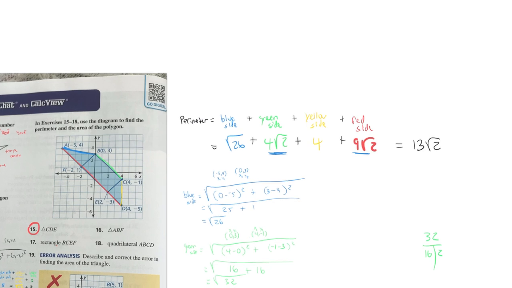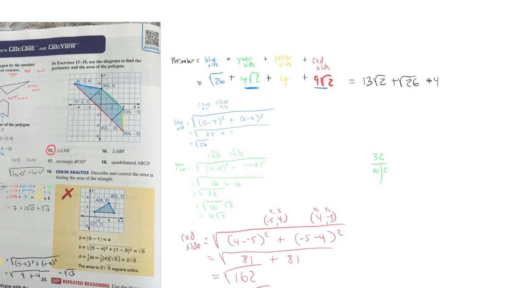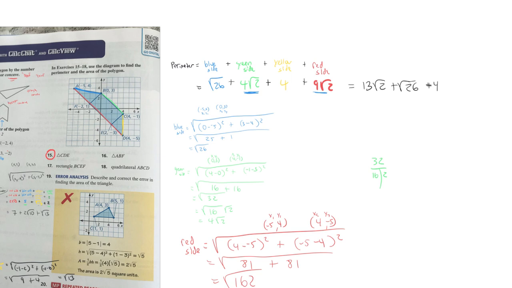It's still going to be plus that radical 26, which is right here. And it's going to be plus 4. Now, unfortunately, there's really nothing else we can do with that. That's a plus symbol. There's really nothing else we can do because this radical 26, we're kind of stuck with that. That cannot be simplified any further. So that's the perimeter there. For the record, there's always a chance I'm making careless mistakes. I mean, obviously, I don't think so, but there's always a chance. Yeah, so that's the perimeter.